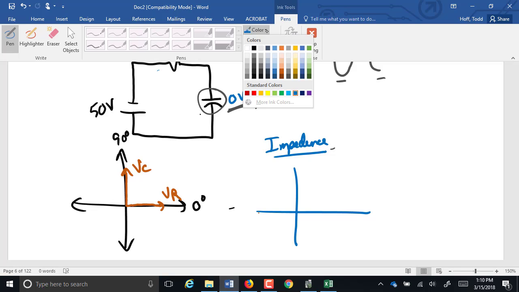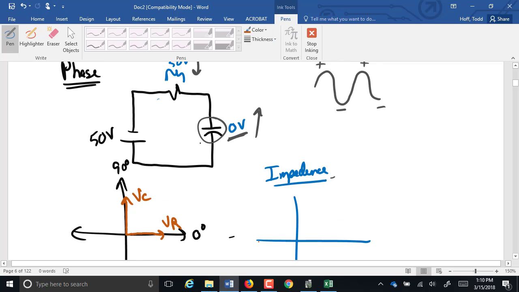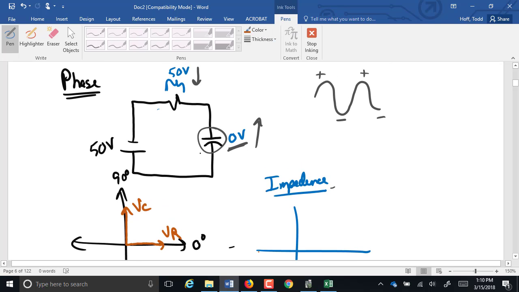So let's say we have a 2 kilo ohm resistor. And let's say we've got an impedance on that capacitor. You guys went through calculating equivalent impedances, right? For capacitors? A little bit? All right.